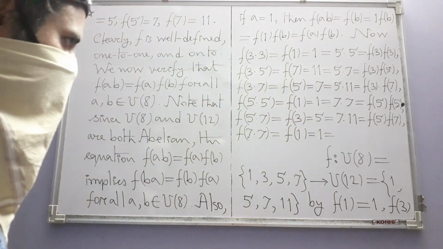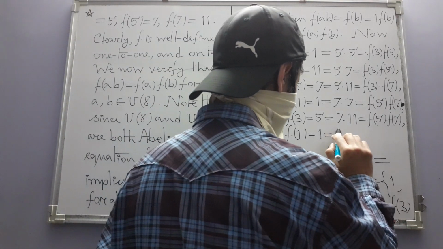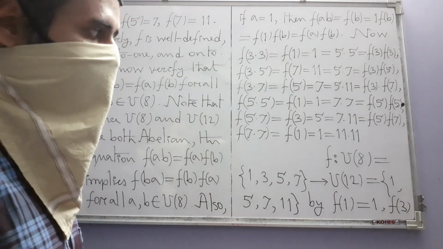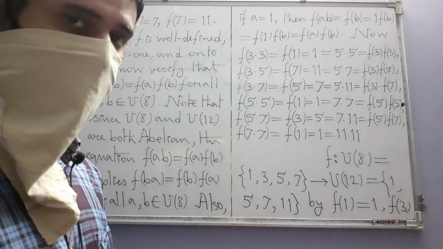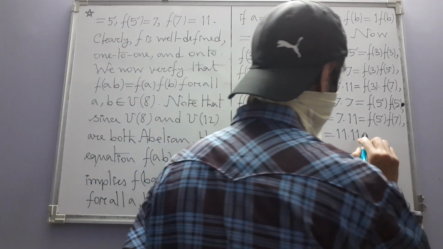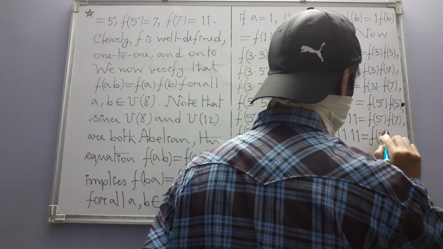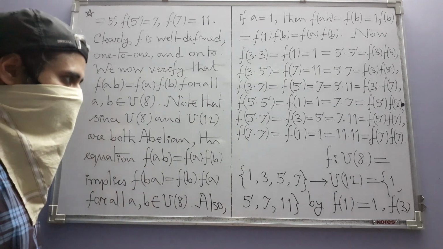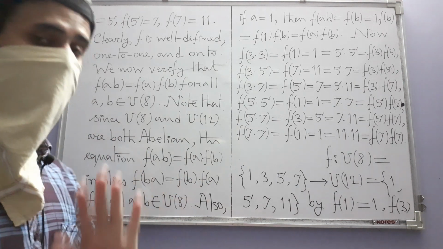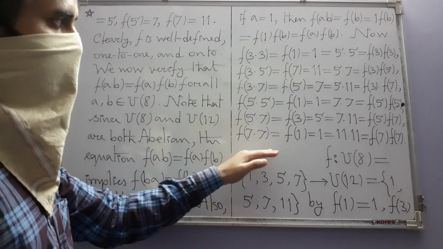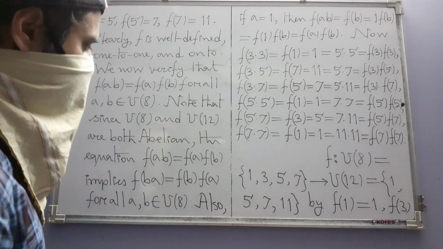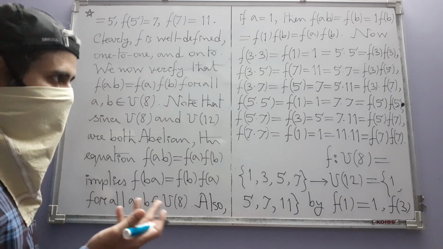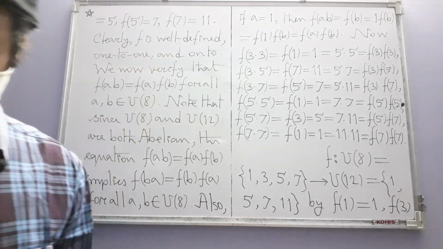And 1 is also 11 times 11 in U12, because 11 times 11 is 121, and 121 is 12 times 10 plus 1. So that's it. We have completely verified this for all possible products. Here we have simply gone through the ordinary calculation, and because of these symmetries, we have essentially verified everything.